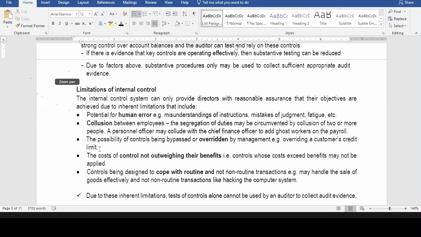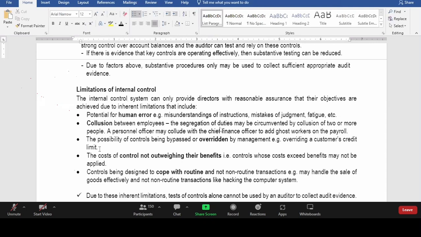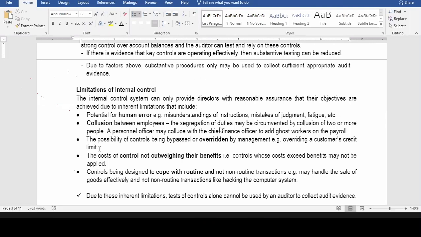Or let us sell him on credit, although he is not a very good customer, but I will follow up the recovery of the money. At times that increases sales because the manager has overridden the control, but at times it can lead to problems.